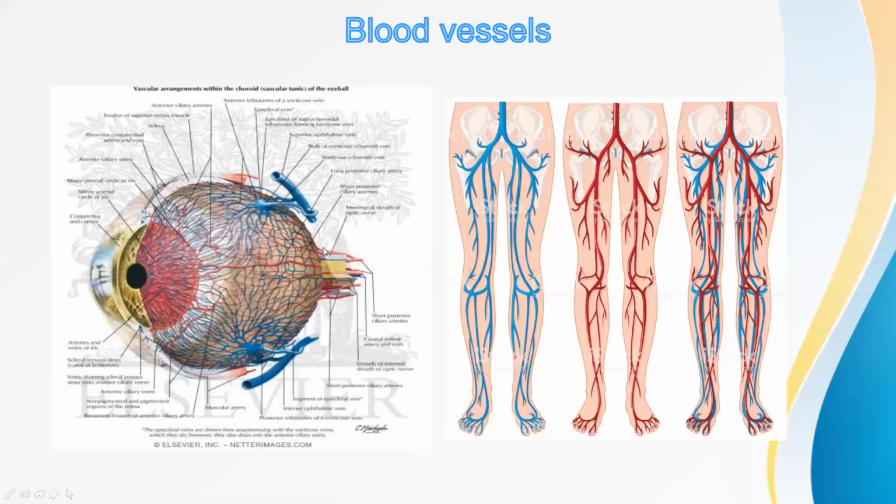The second type of blood vessels are veins. These always carry oxygen poor blood or deoxygenated blood. And the third type of blood vessels we call capillaries. Capillaries are microscopic vessels, like small blood vessels, which connect arteries and veins.